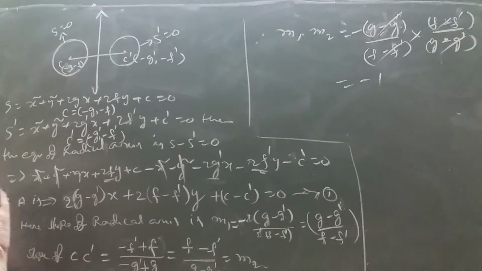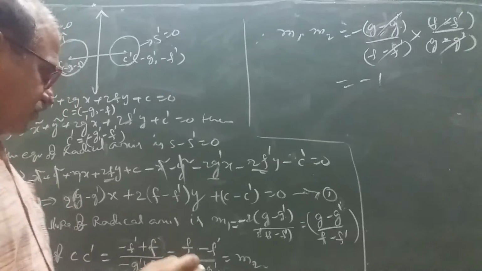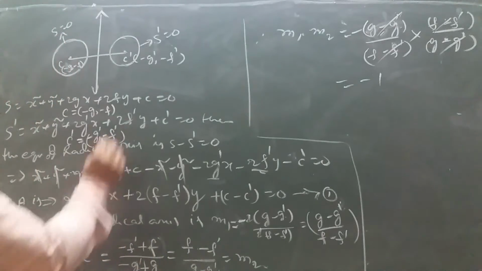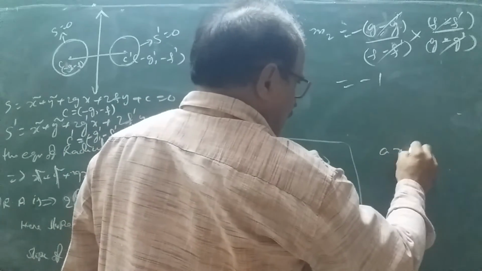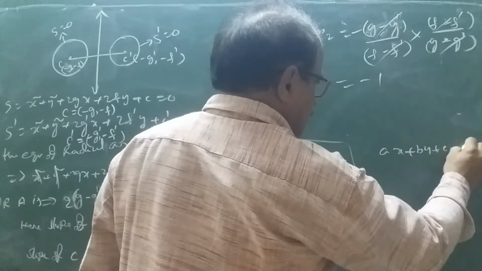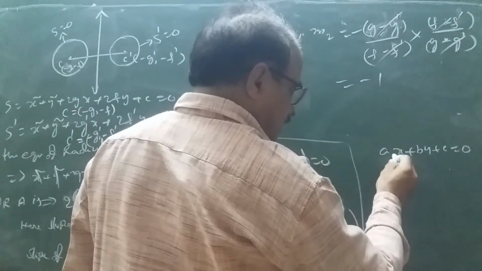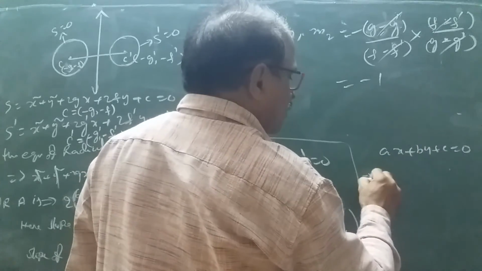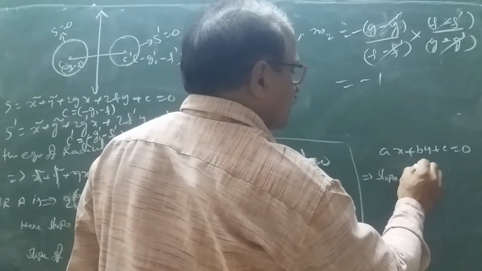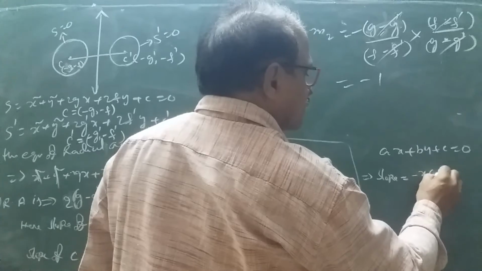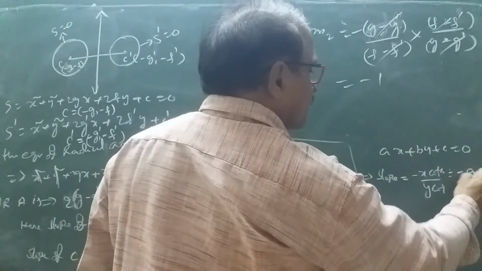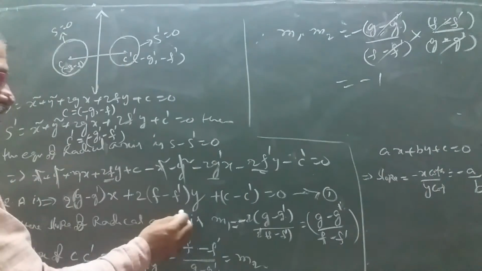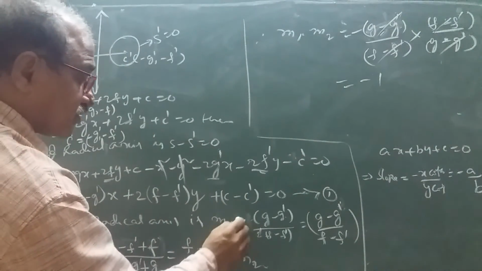Once again, listen to the point. If the equation ax plus by plus c is equal to 0 represents a straight line, then the slope is equal to minus x coefficient by y coefficient, that is minus a by b. So here we have to put minus.